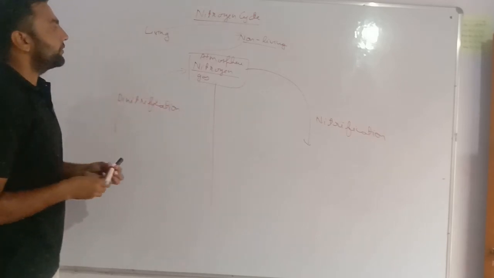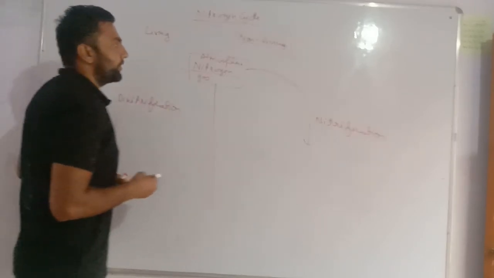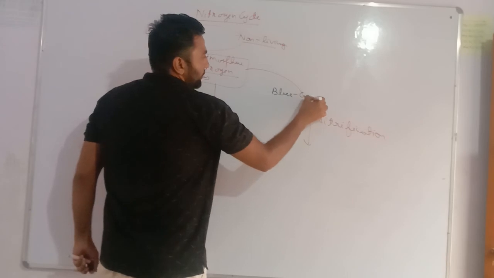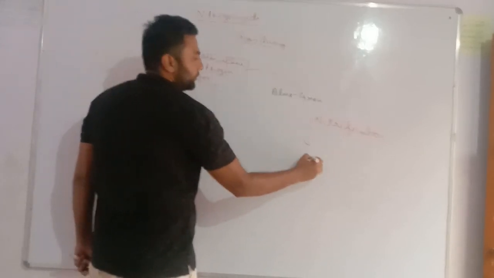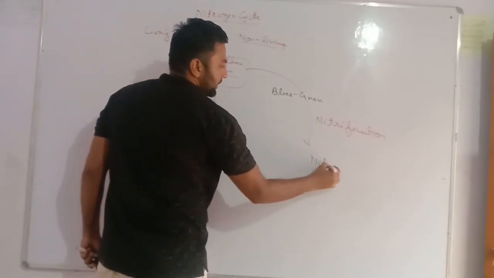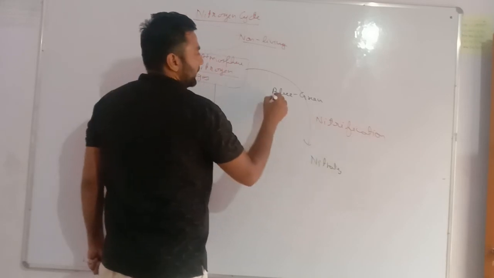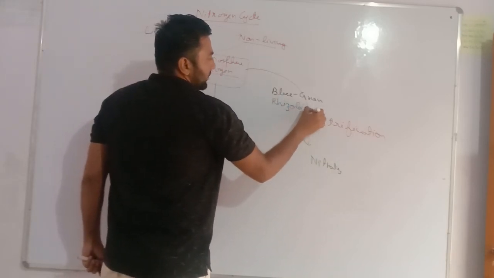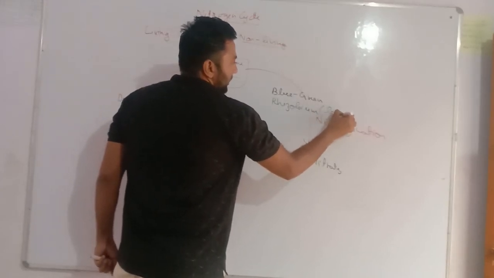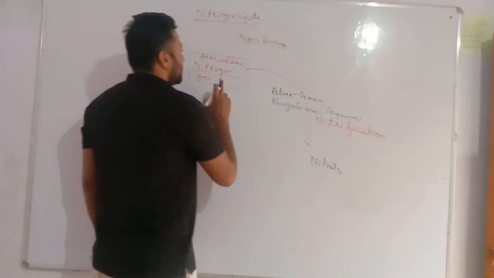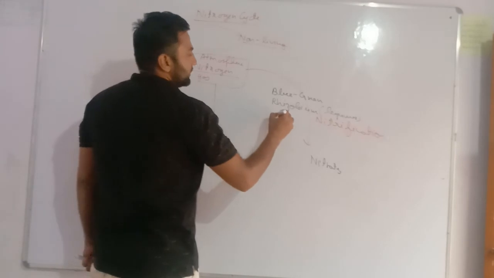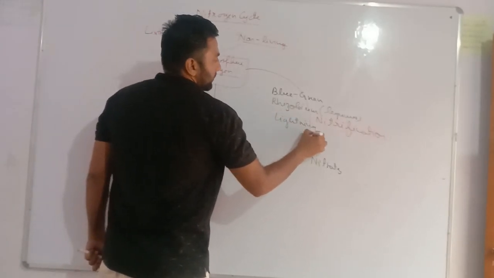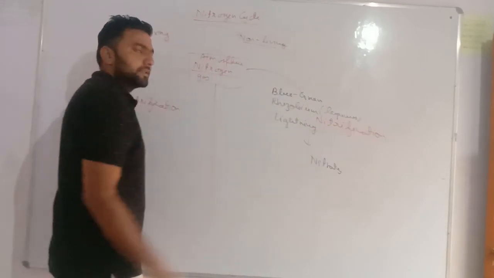See, nitrogen is present in the atmosphere, so by blue-green algae it is converted into nitrates. By rhizobium bacteria, which are present in leguminous plants or legumes, it is converted into nitrates. Then lightning and thundering during rainy seasons.